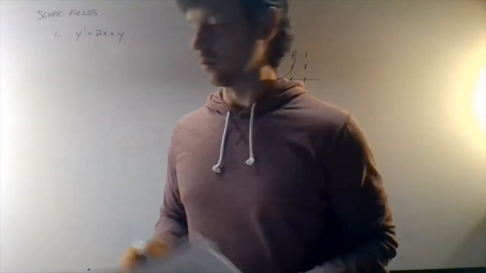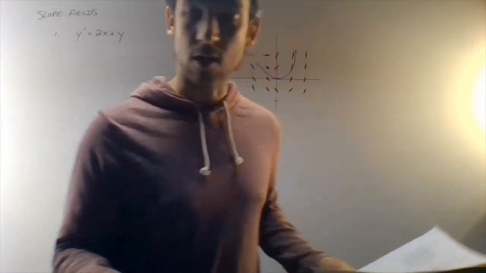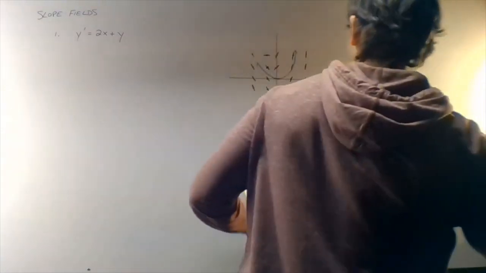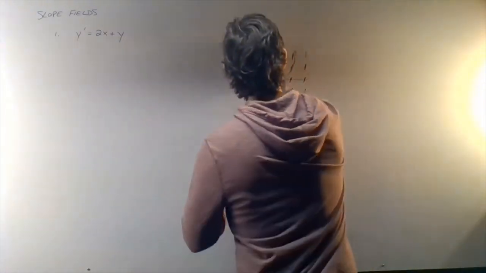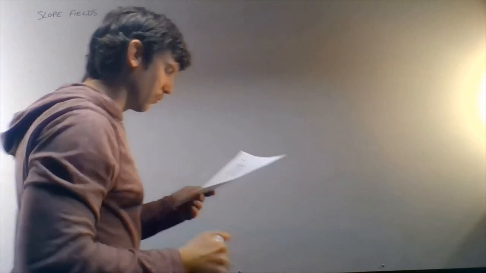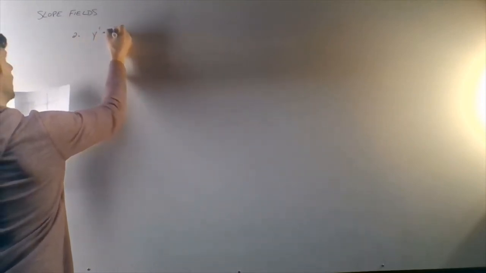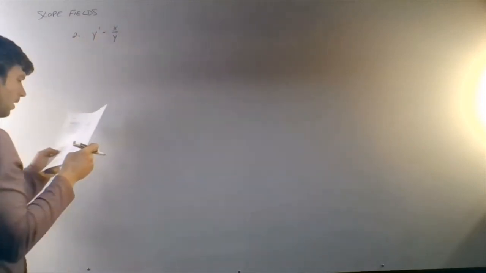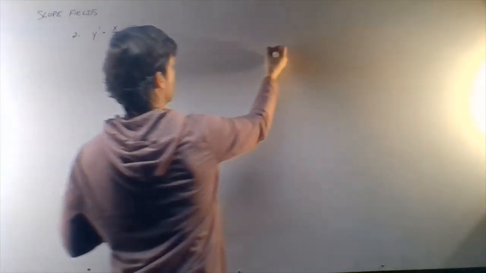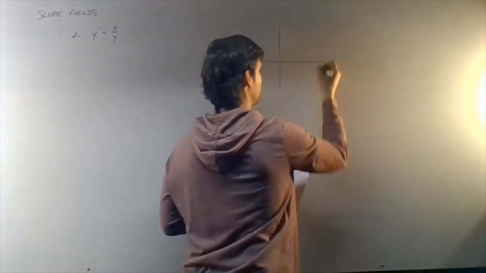So, number 2, it tells us how to find the derivative at any spot. It says the derivative is x divided by y. And this problem is a separable differential equation, so that means we can do letter B and letter C later on for this problem. So my derivative is x divided by y. We're going to graph some of these points.